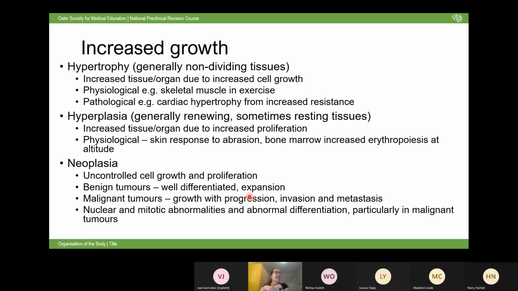But just because they're benign doesn't necessarily mean that they're not having bad clinical effects. Because they're well differentiated, if it's something like a hormone producing tissue, like the pituitary gland, then well differentiated benign tumors will cause an overexpression of that hormone. For example, in the pituitary, it can cause acromegaly through increased growth hormone production.